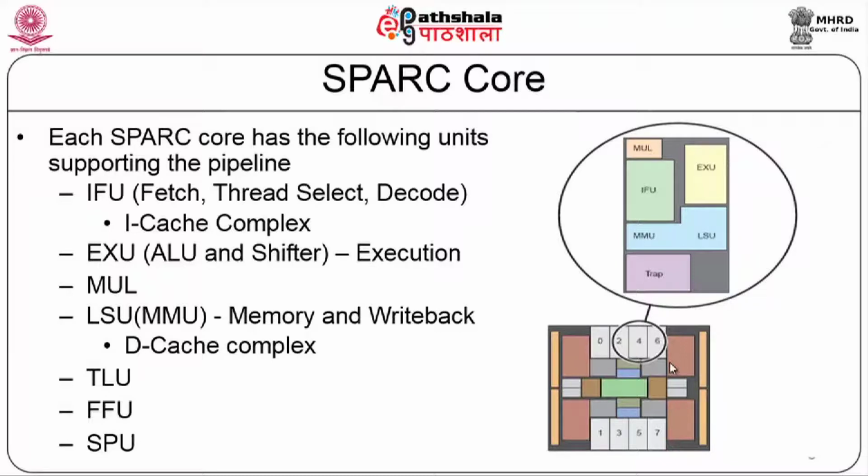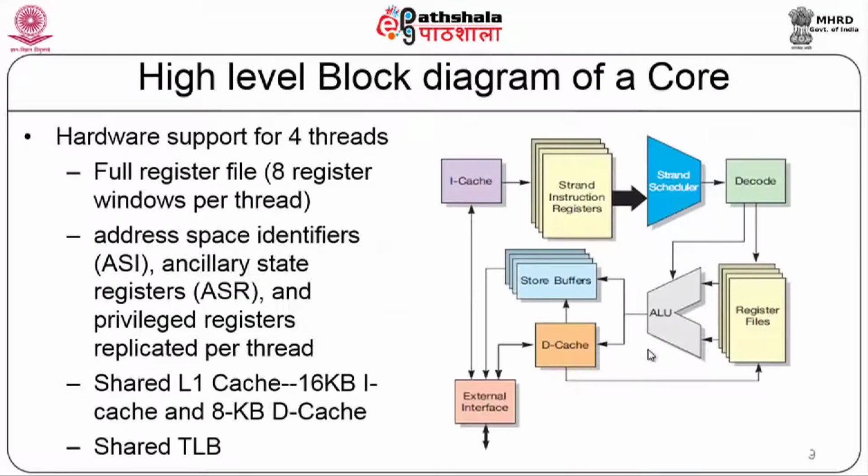So this forms part of the core. Some of these units are exclusively available for each and every core, whereas some of these units are shared across the various cores. For example, the floating point unit initially was shared among the various cores, even the stream processing unit.